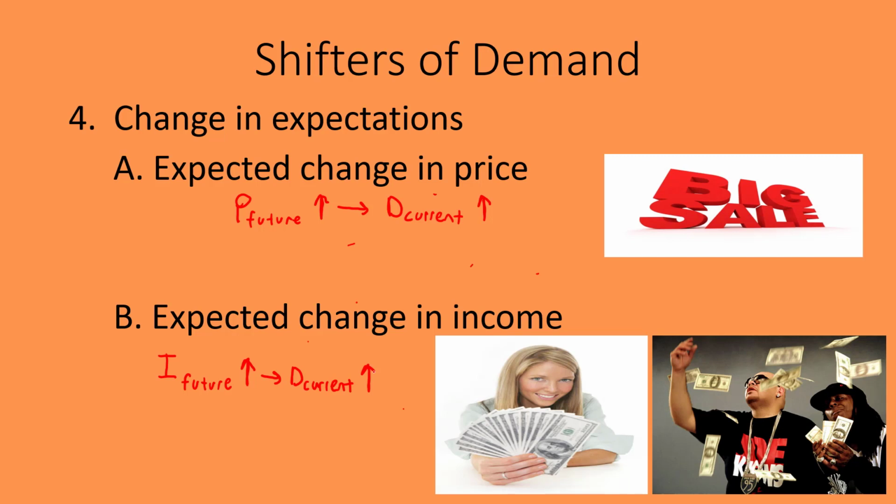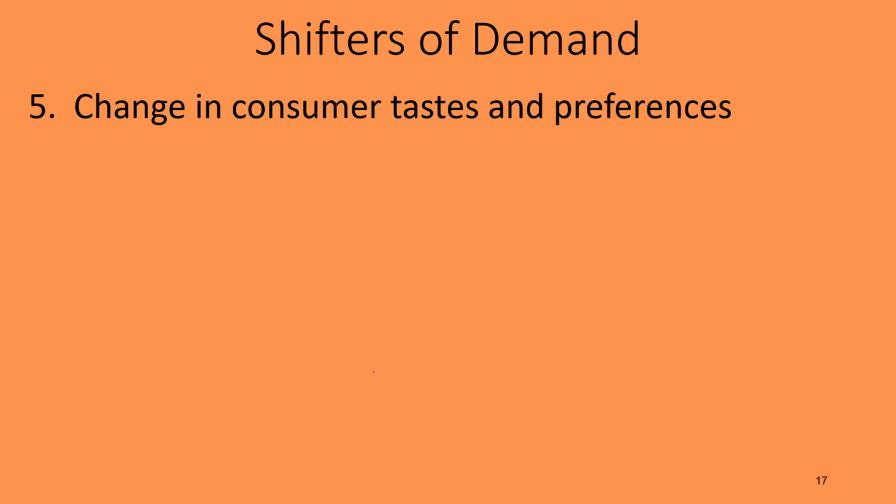Right, so again, at least when we're talking about normal goods, if you expect your future income to increase, your current demand will increase. If you expect your future income to decrease, then your current demand will decrease. And so our fifth and final shifter is a change in consumer tastes and preferences. Consumer tastes and preferences just refers to how popular something is, or how much consumers might prefer it at any point in time.